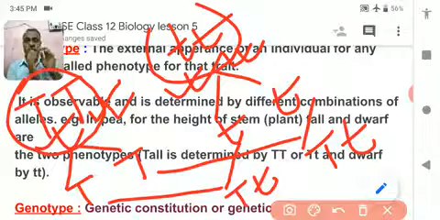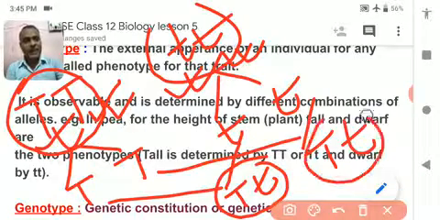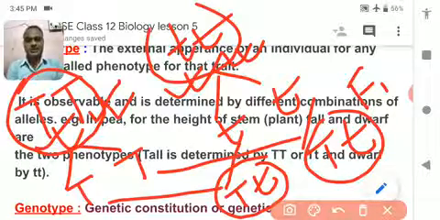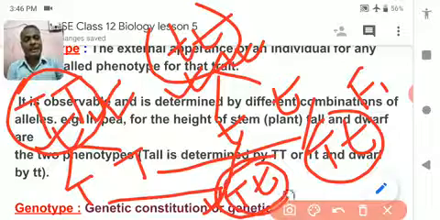Dwarf means short. But the offspring that come in the F1 generation, the first generation, are also tall, although the allele is different.